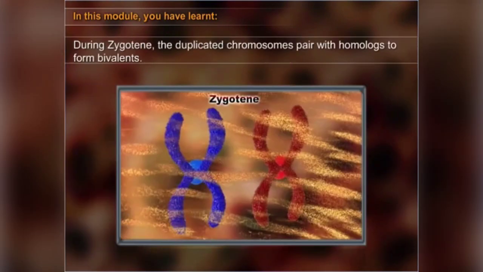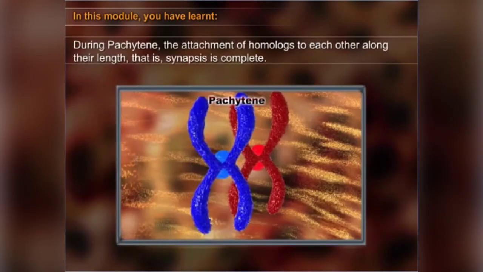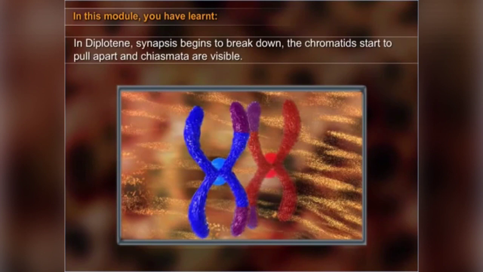During zygotene, the duplicated chromosomes pair with homologs to form bivalents. During pachytene, the attachment of homologs to each other along their length, that is synapsis, is complete. In diplotene, synapsis breaks down, the chromatids start to pull apart, and chiasmata are visible.